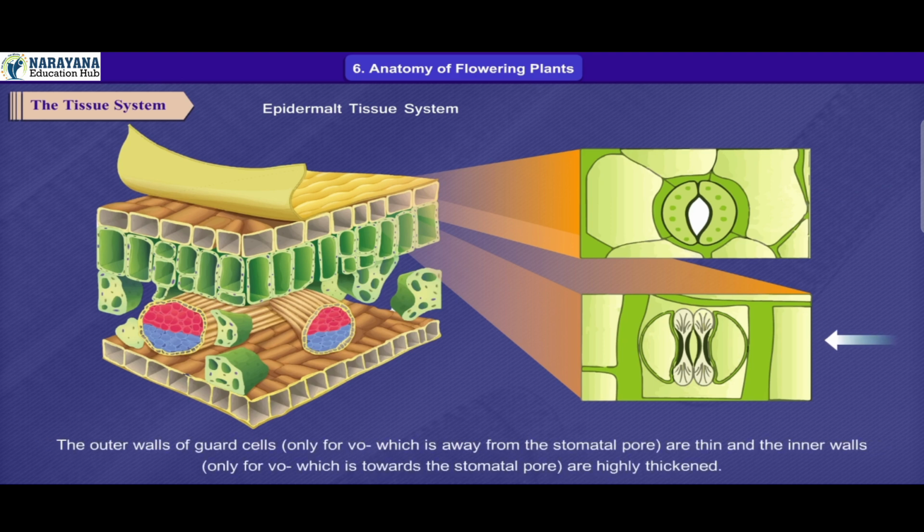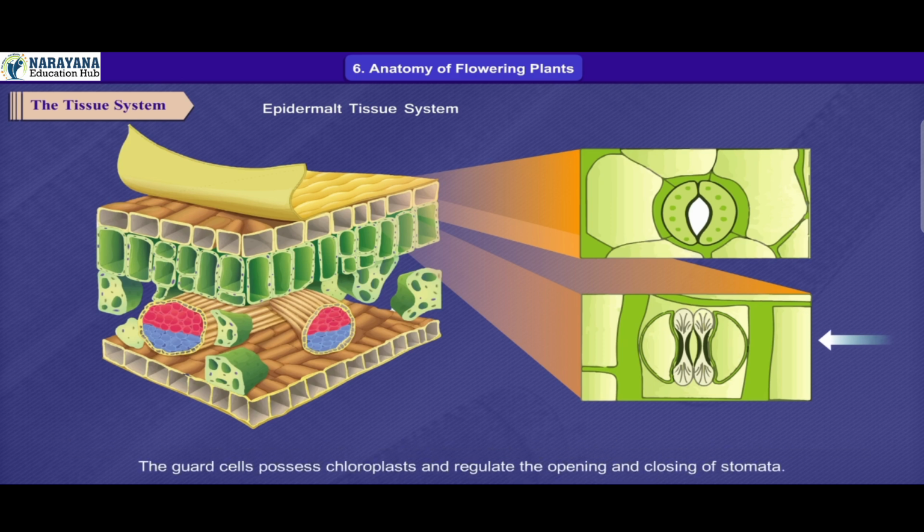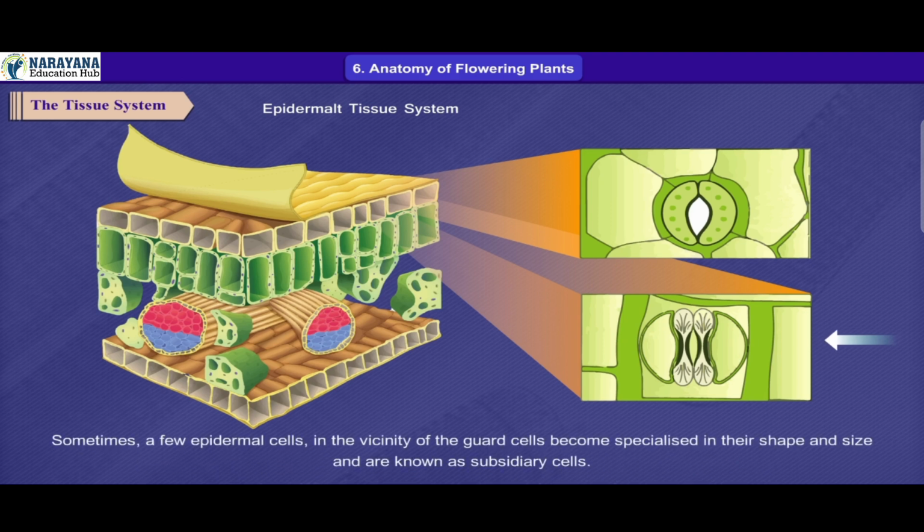The outer walls of guard cells, which are away from the stomatal pore, are thin, and the inner walls, which are towards the stomatal pore, are highly thickened. The guard cells possess chloroplasts and regulate the opening and closing of stomata.